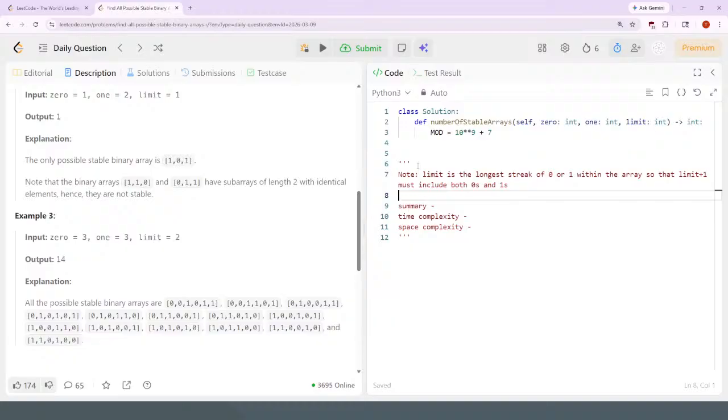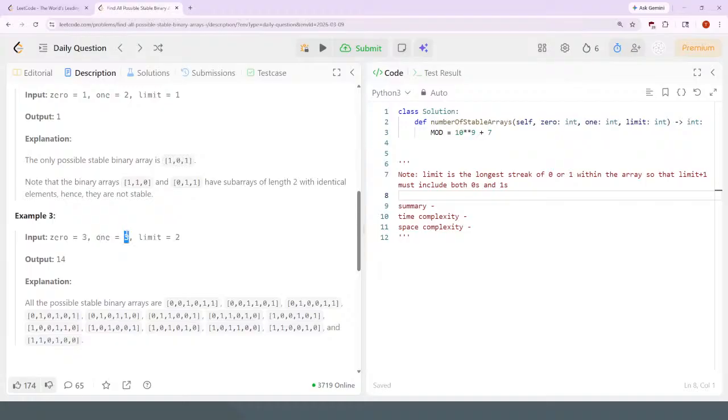Include at least one 0 and one 1. So if you have 2, I see, if you have at most 2 zeros and 2 ones connected, how many ways can you form?